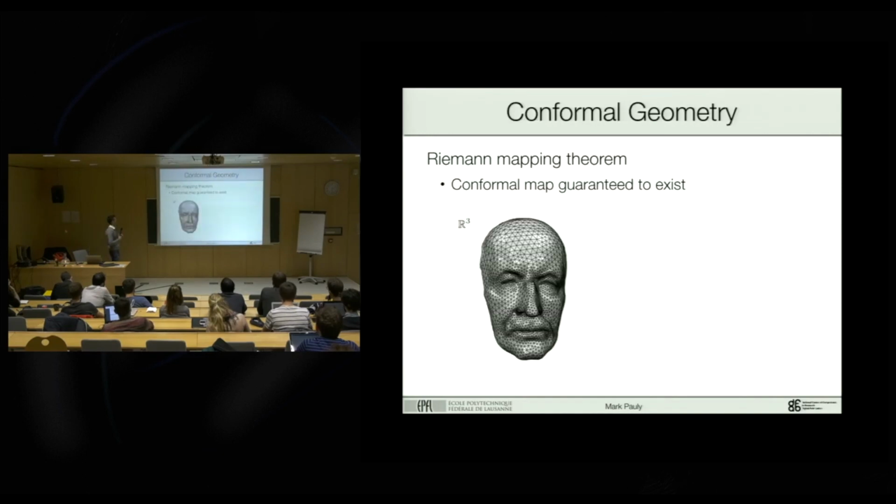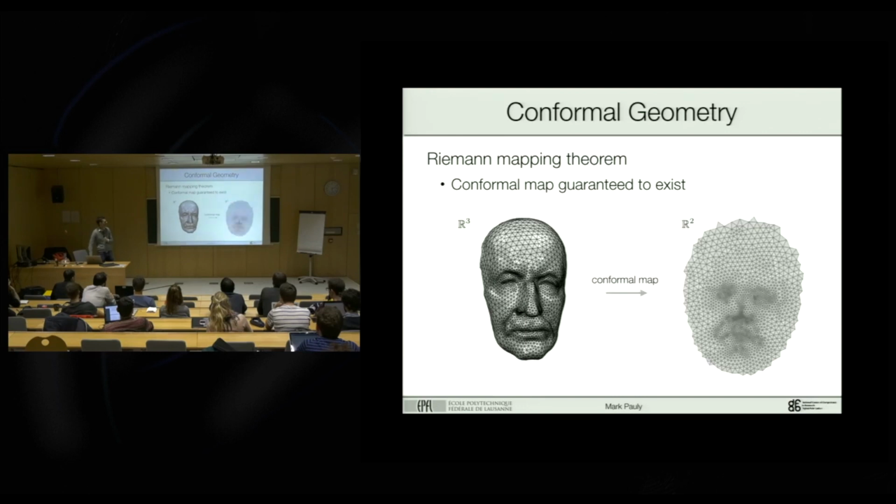There's more theory that we can leverage. If we're given an arbitrary shape, and this is a geometric model of Max Planck, then there's a theorem that says there's always going to be a conformal map with some constraints, but this is what it looks like. I can flatten this three-dimensional shape into the plane in such a way that each triangle is only scaled uniformly.